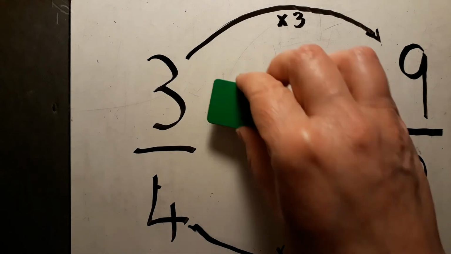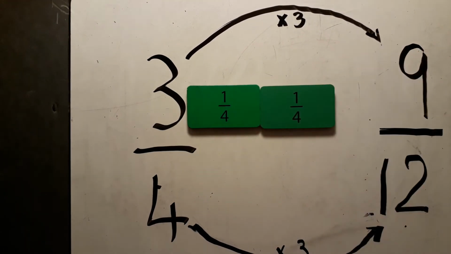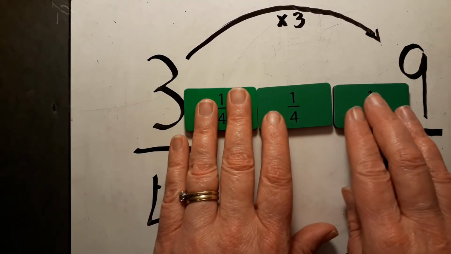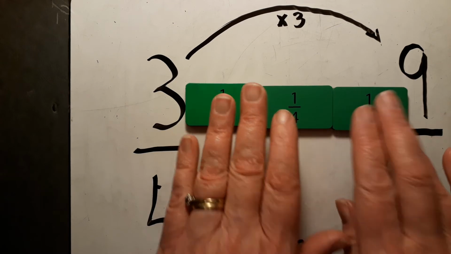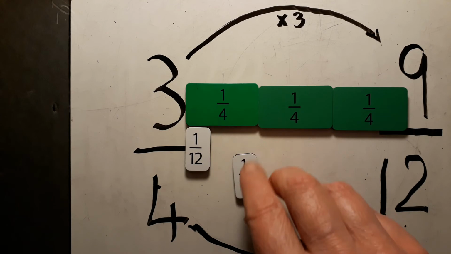If we need to prove that, which is always a good thing to do, we can go to our fraction wall, and you can use the one on the computer if you like, the one I gave you a link to.